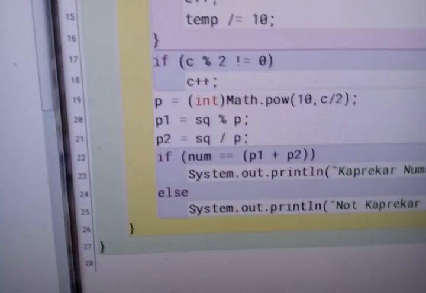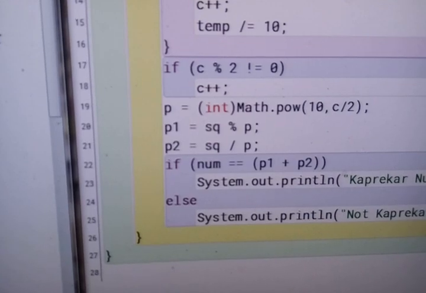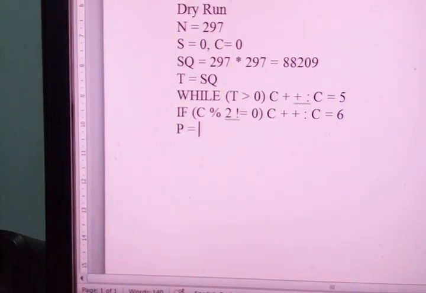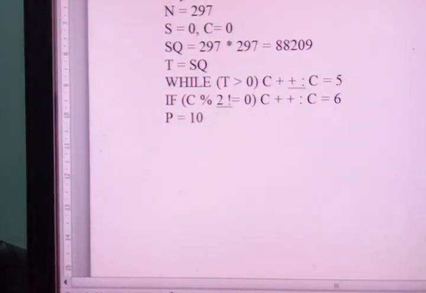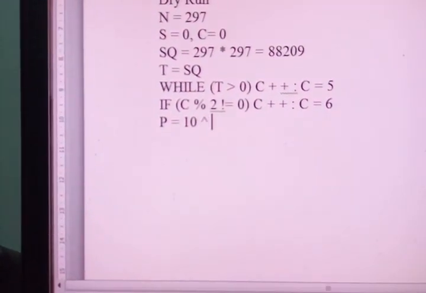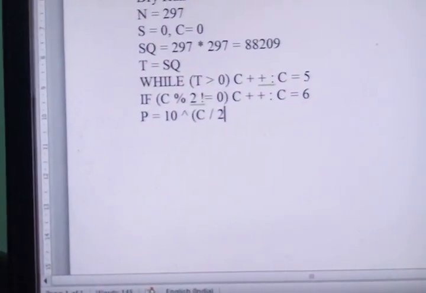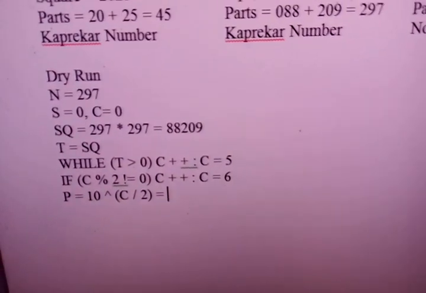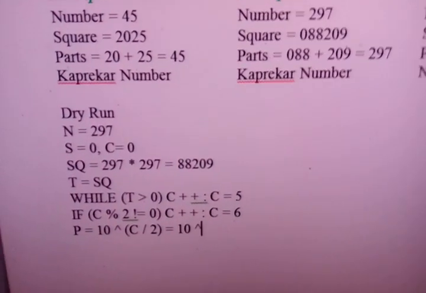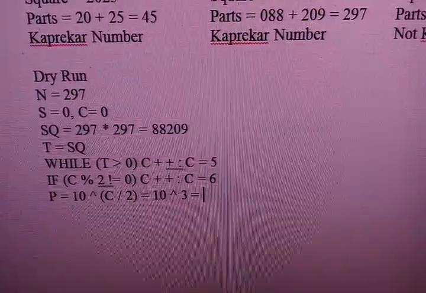Next, p equals int(math.pow(10, c/2)), p1 equals sq mod p, p2 equals sq by p. So p equals 10 to the power c by 2, that means 10 to the power 3, that means 1000.